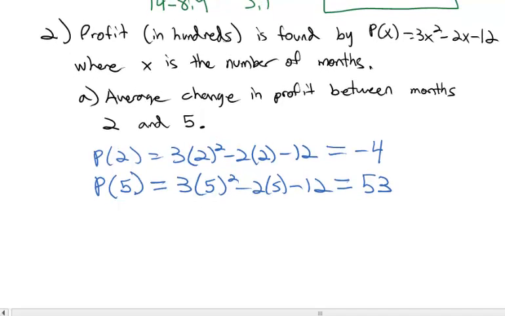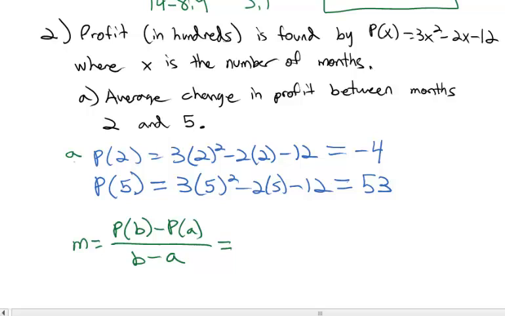If we want the average change in profit, then we can use that formula that we found up above. Remember, that formula said the slope was equal to P of B minus P of A all over B minus A. So our first point is A and our second point is B. So P of B, that means P of 5, minus P of A, the first point is 2, all over B minus A, all over 5 minus 2.